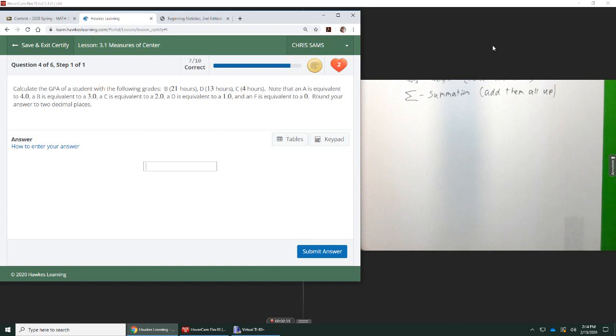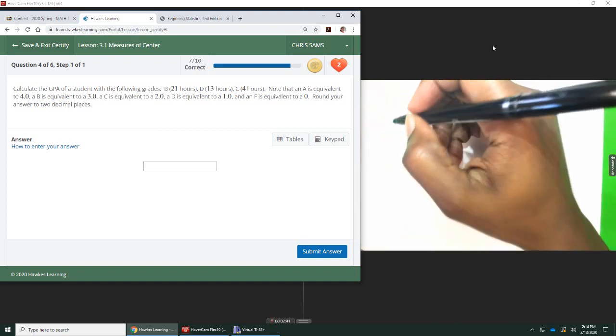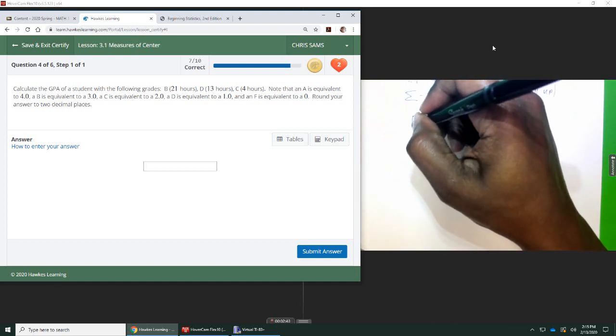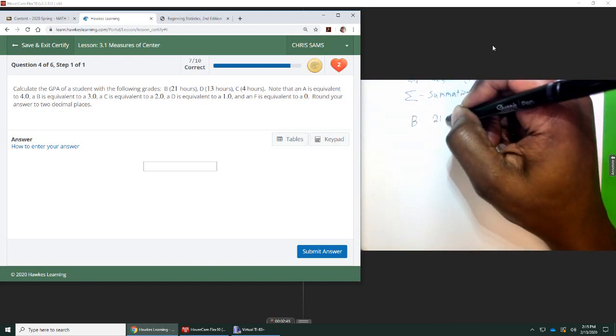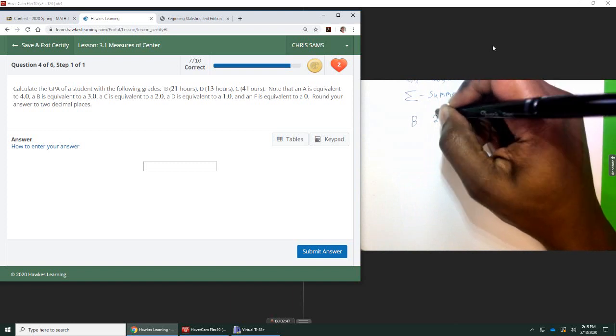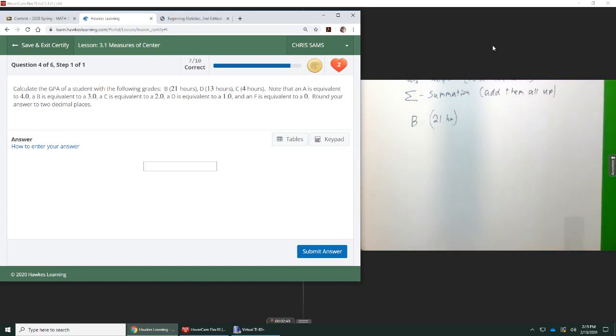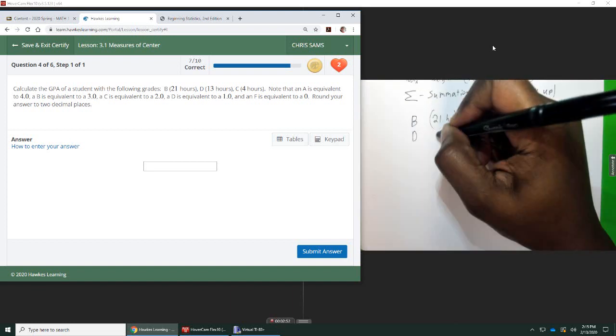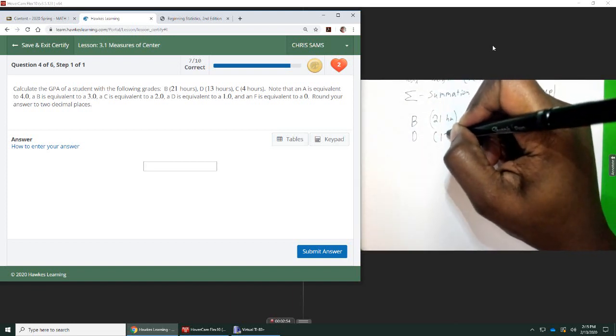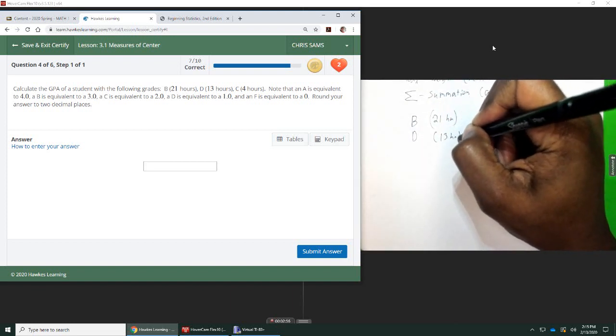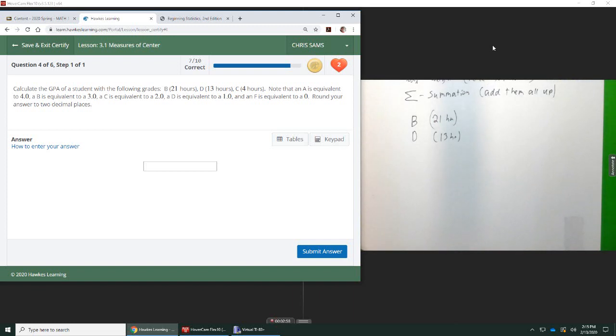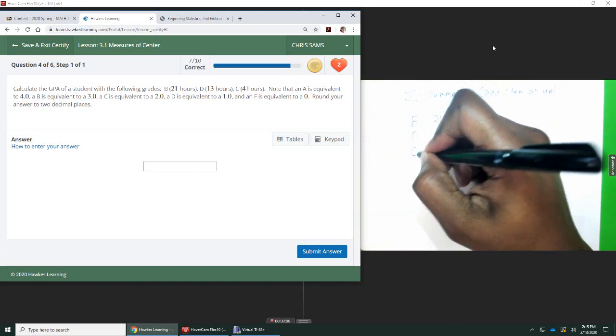In this example, we want to calculate the GPA of a student with the following grades. For a grade of B, they have 21 hours. For D, they have 13 hours. And C, 4 hours.